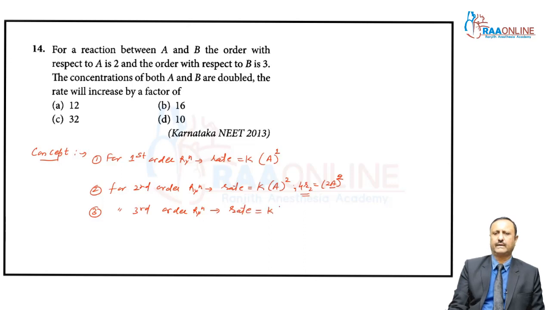Now my dear students, you can see the third order reaction. Rate is equal to K A to the power 3. When you double the concentration of A, then rate increases by 2 twos are 4, 4 twos are 8 times. So here you can say 8R is equal to 2A to the power 3. And for zero order reaction, rate is independent.